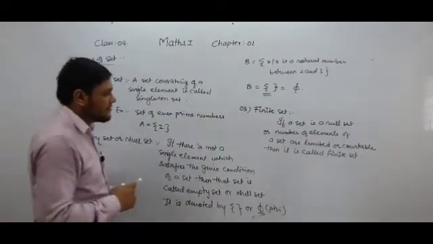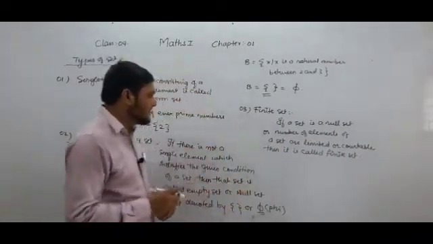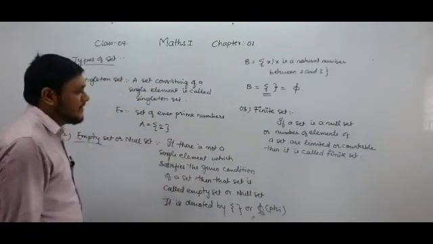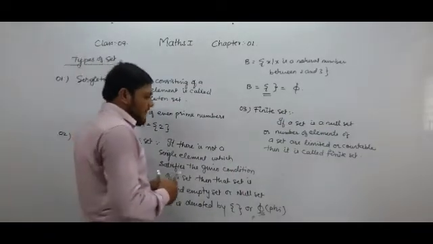So the definition of a finite set is: if a set is a null set or the number of elements of a set is limited or countable, then it is called a finite set.